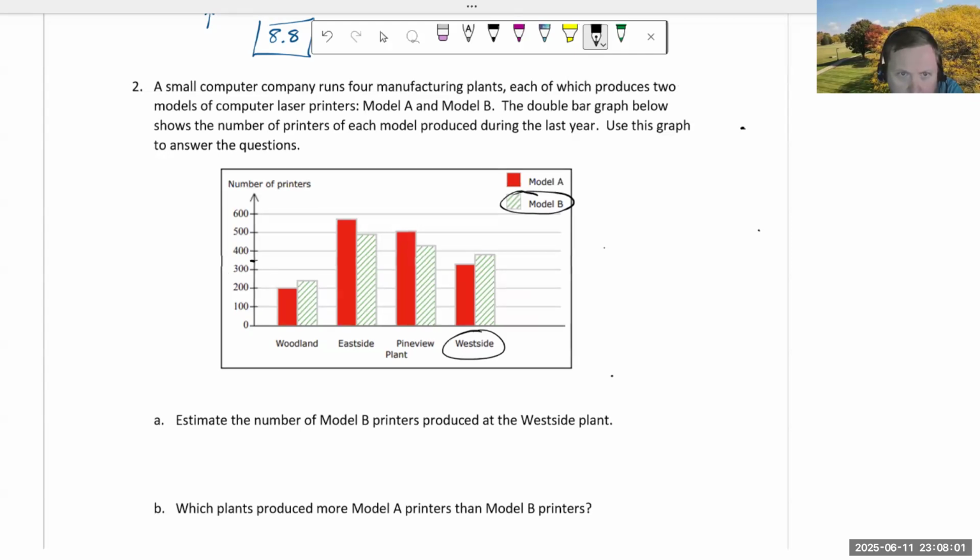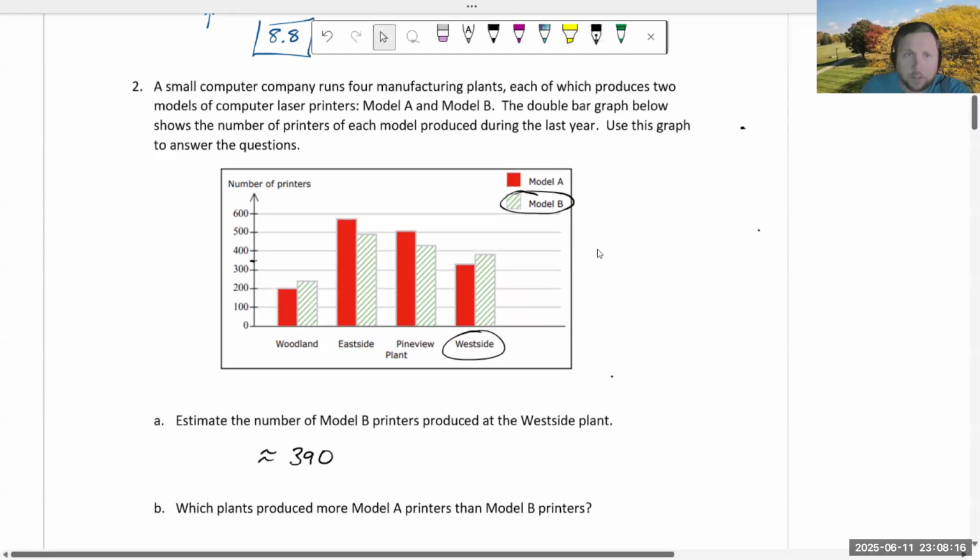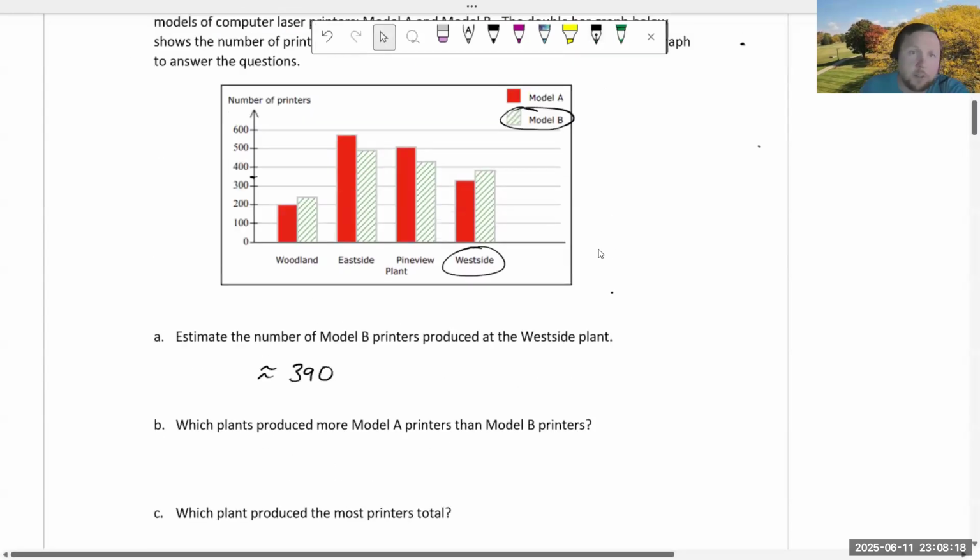I'd say maybe about 390, and it's just an estimate. I can see it's somewhere between 350 and 400.